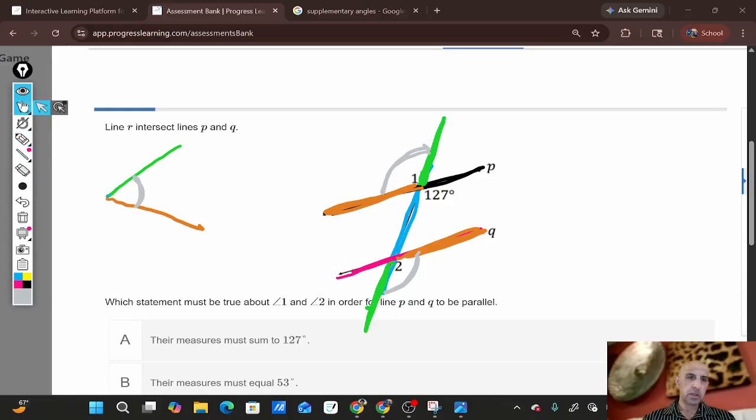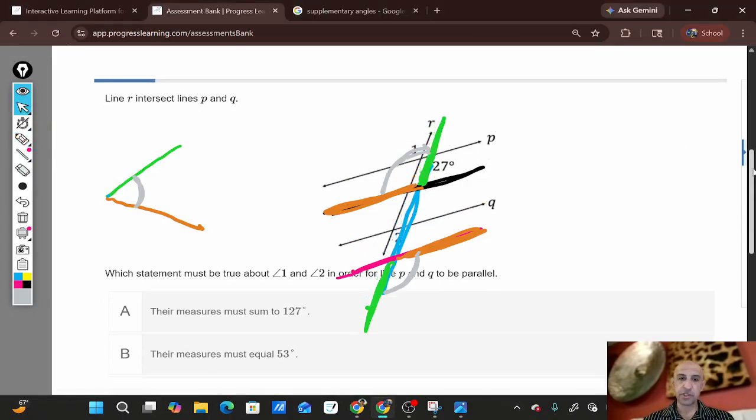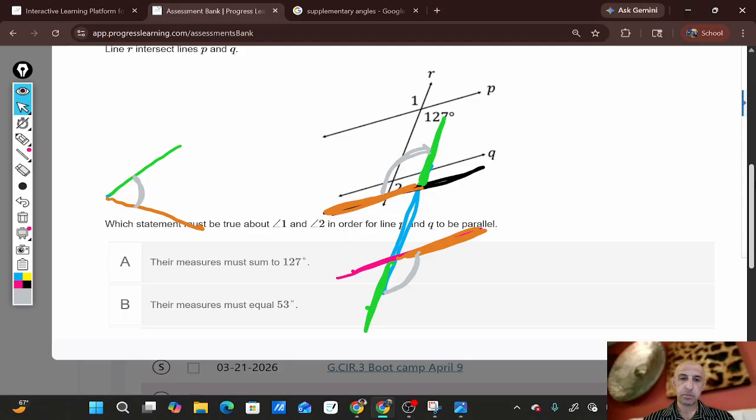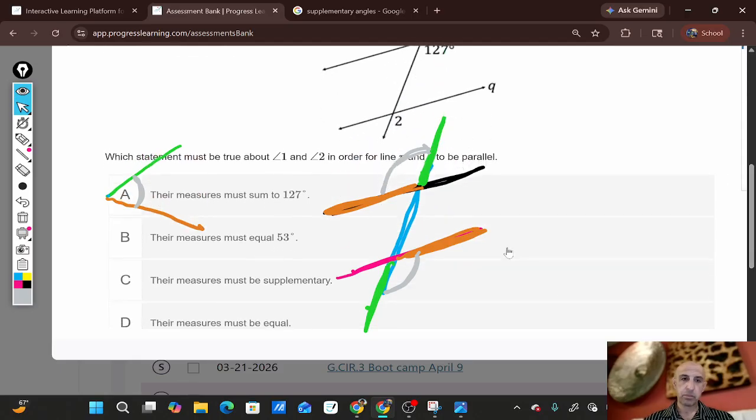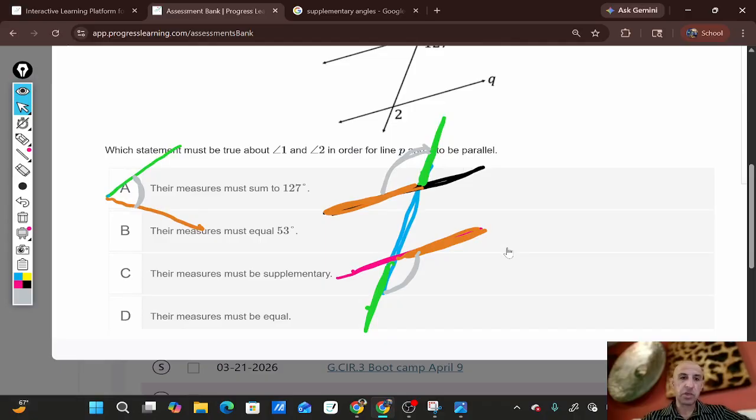Let me go through the options first. The options were something like this. Their measures must sum to 127. Their measures must be equal to 53. Their measures must be supplementary.